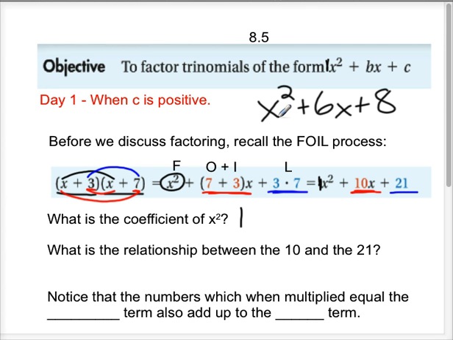So, if you look down below, notice that the numbers, which when multiplied, they equal the C term, that constant, so that's our C, and add up to the B term being the one with the X. And again, this is a very nice case only when that coefficient of the x squared term is 1.